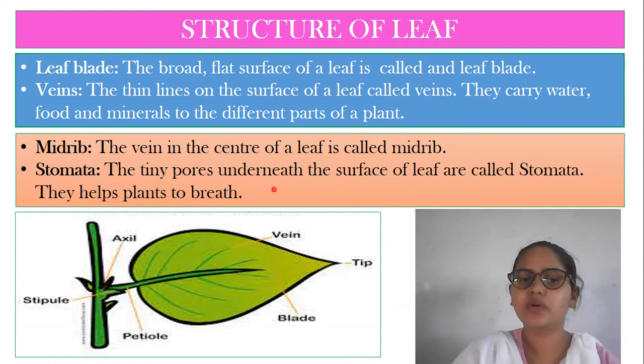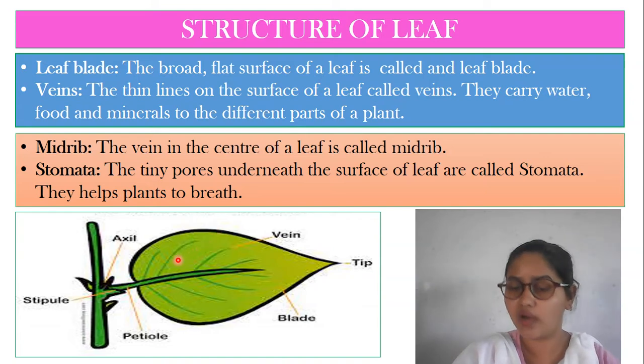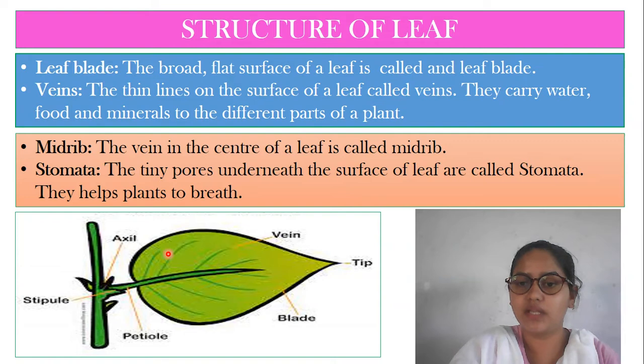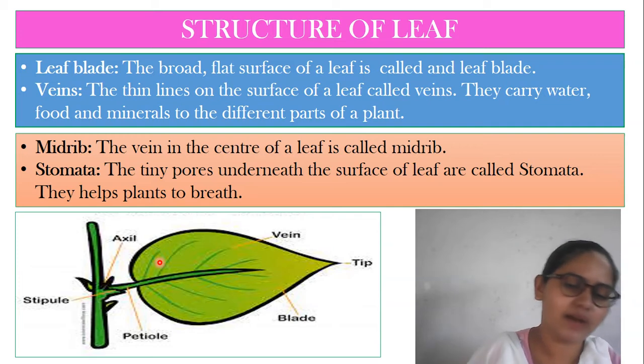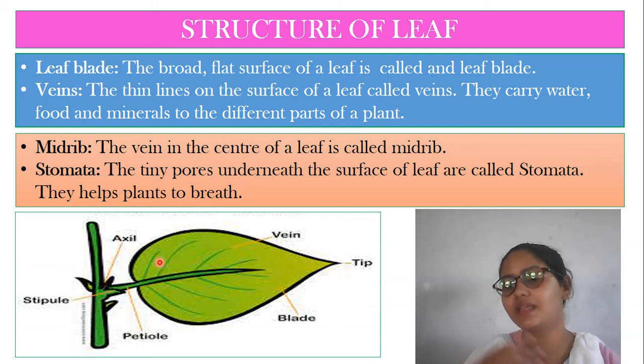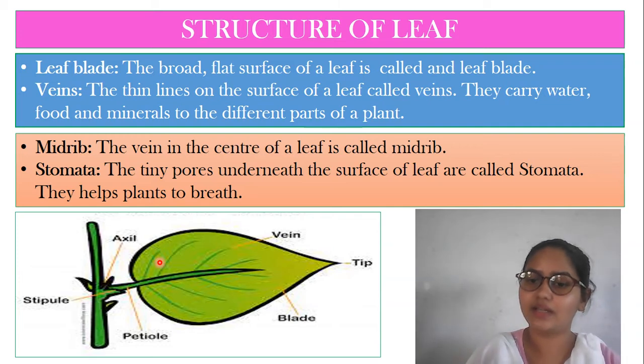The tiny pores on the surface of a leaf are called stomata, and they help the plant to breathe. If a question comes to you about how a plant breathes, you have to give the answer that they breathe by the stomata, right? As we breathe by our lungs, the fishes take breath by their gills. So these are all we have to learn from it.